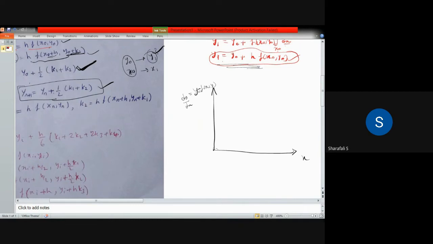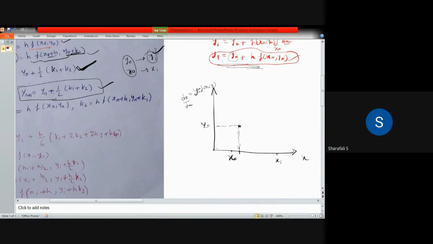If you know y0, for example, this is your x0 and this is your x1. I'm taking only the nearest two points. Let's say this is your y0, so at x0 you have this much of y. This is your first point, the initial condition.